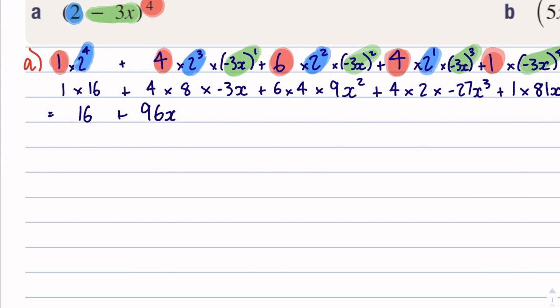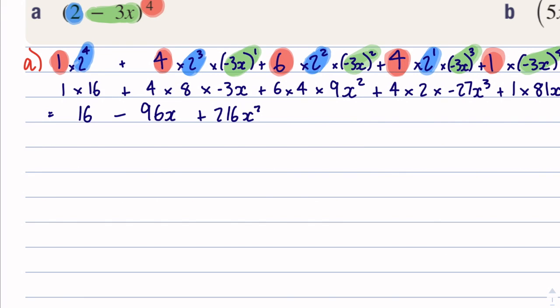But that was minus, so it's going to be minus 96x. And then we've got plus 6 times 4 times 9. I wish I had a calculator. 24 times 9. 4 times 9, 36, carry the 3, 18, 21, 216x squared.